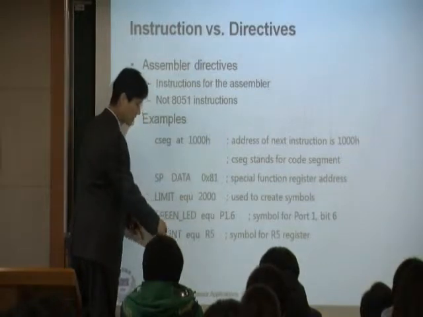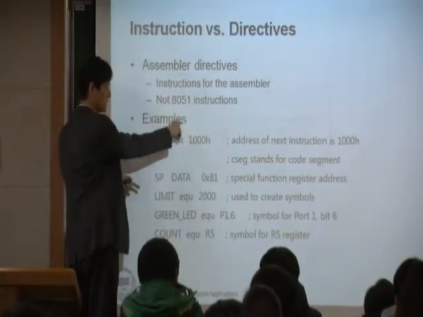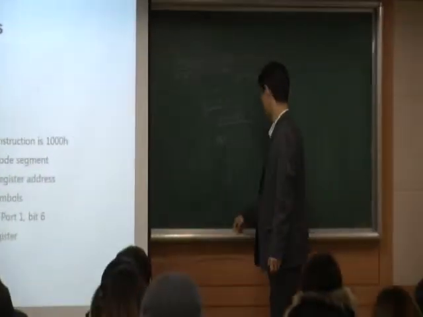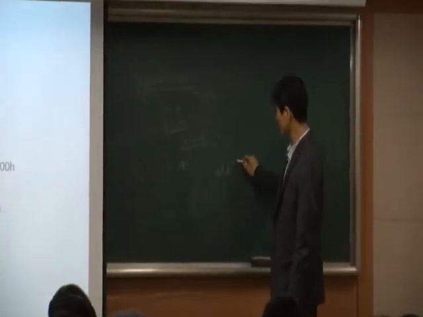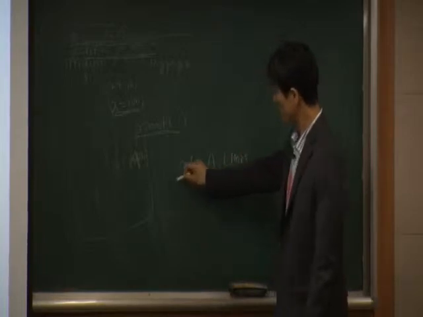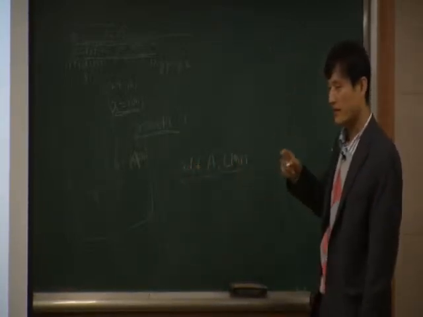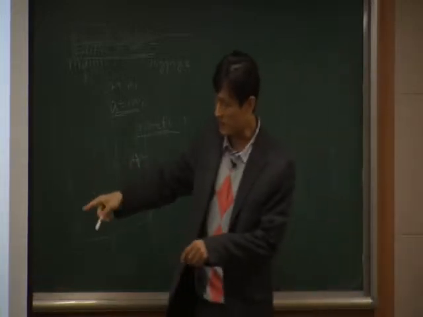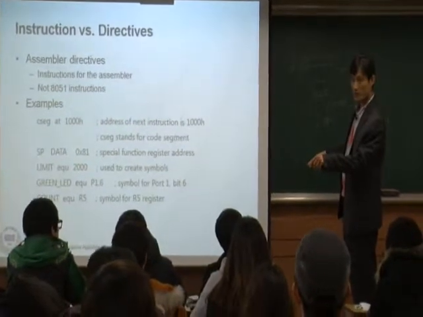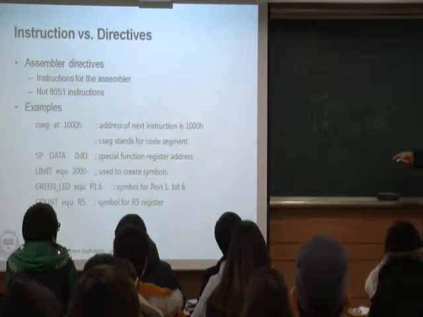For example, I do add A limit, something like this. When I do this, the assembler will look at that particular directive, find out the actual value of limit, and replace it with 2000. So the assembler will do it.